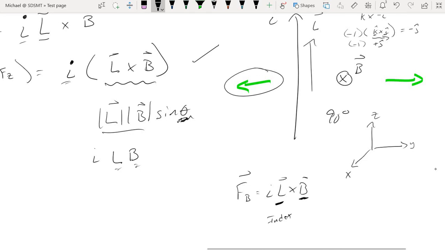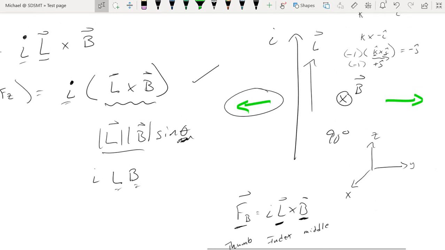Second vector is your middle finger. So you need to point your middle finger into the page. The result is your thumb. So which way does your thumb point if your index finger is up, middle finger is into the page? Well, your thumb has to point in that direction.